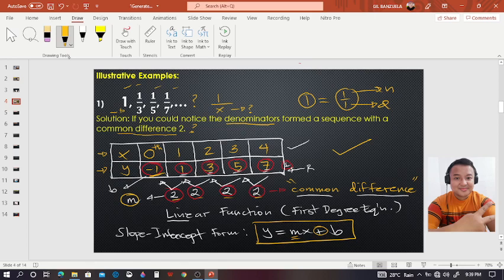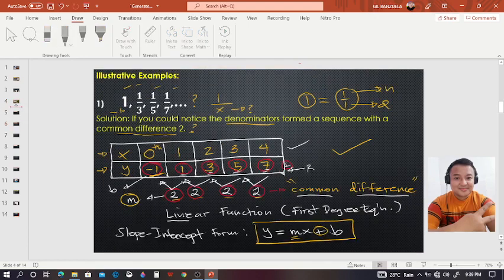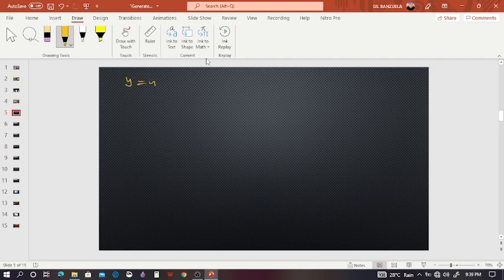Okay? Alright. So, let me get another board here, guys, just to explain more further, no? So, again, yung ating equation should be written in the form of y equals mx plus b. So, from the table of values that we have, the slope of the line, or the common difference, is 2.